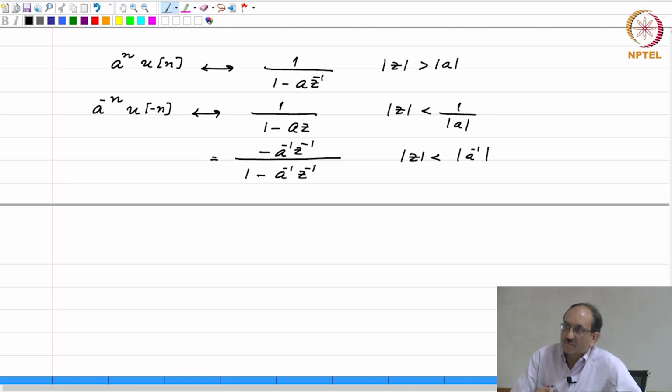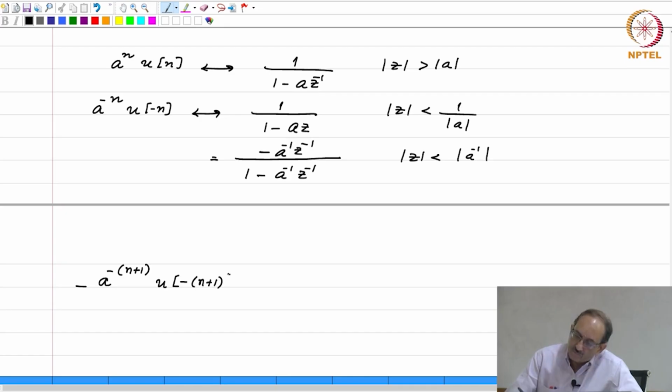Not n minus 1. You are multiplying by z. Therefore, I have minus a to the, wherever n is there, I am going to replace n by n plus 1, and this is u of n plus 1.